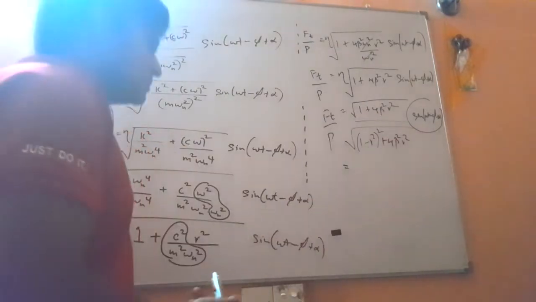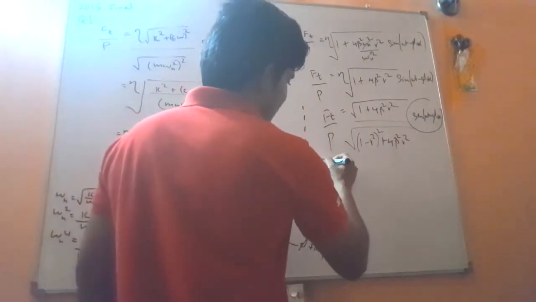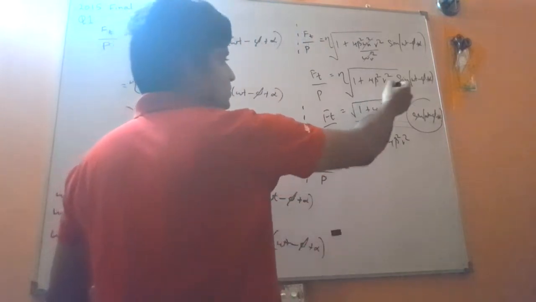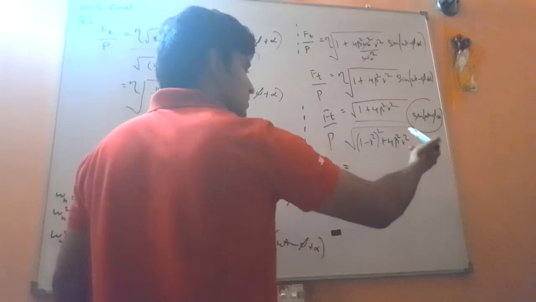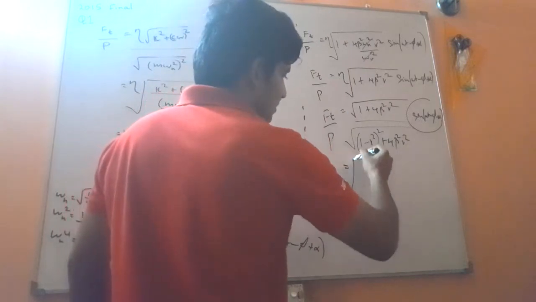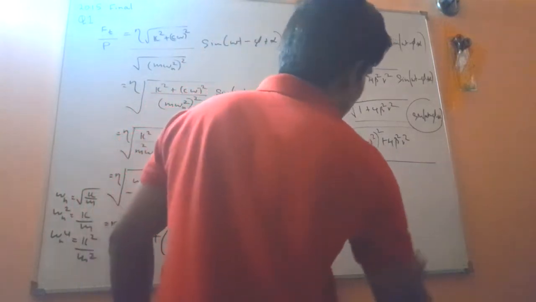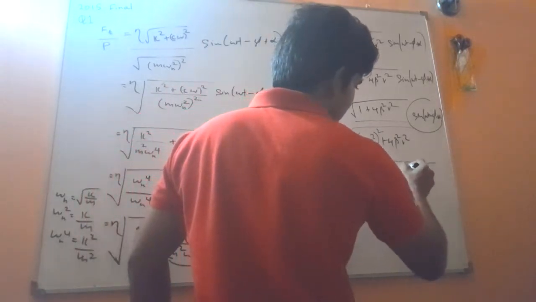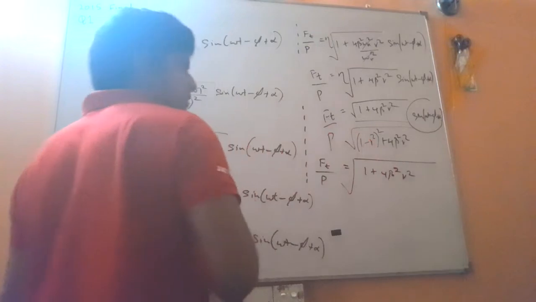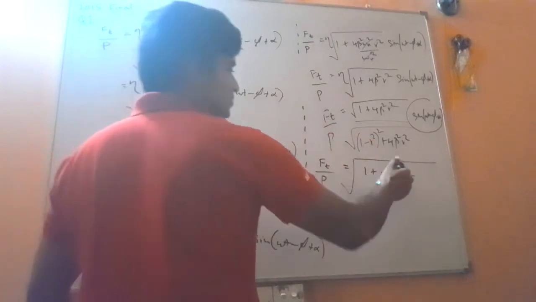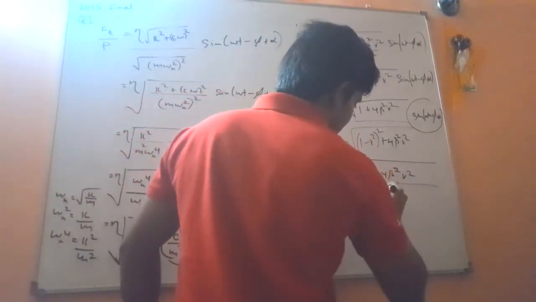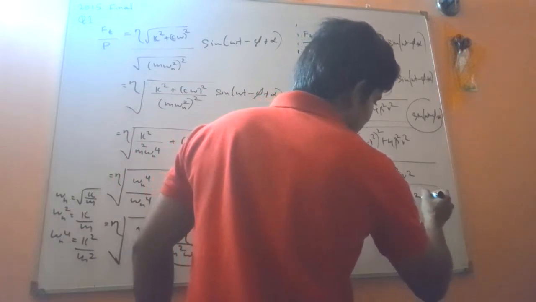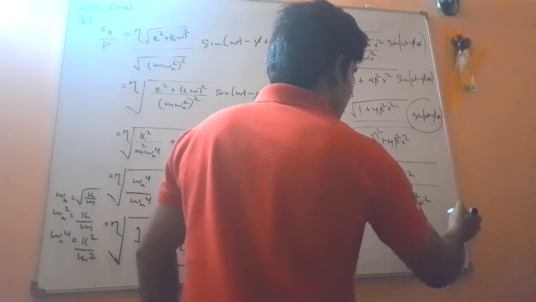So you can simply obtain the formula as Ft divided by P equals square root of 1 plus 4 beta squared r squared, divided by 1 minus r squared whole thing squared plus 4 beta squared r squared. So this is the answer.